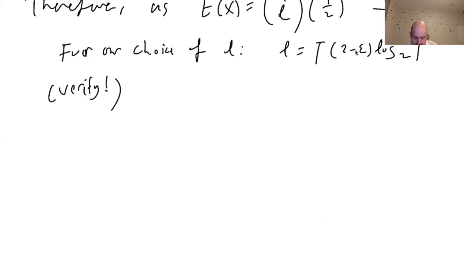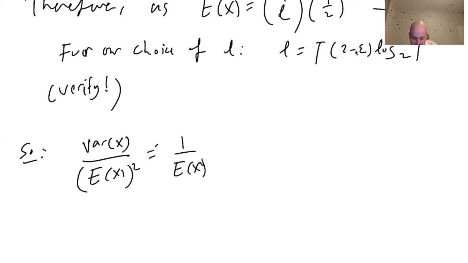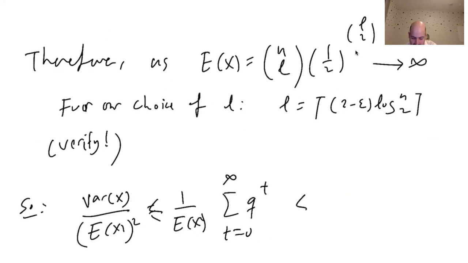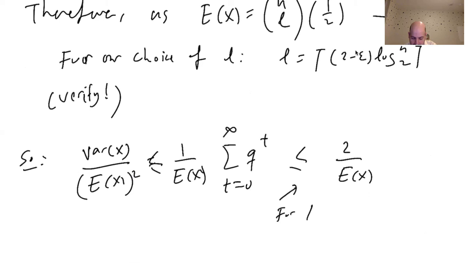Therefore, variance of X over E of X the whole squared, which is 1 over E of X times the sum of q to the power t, with the choice of q that we had here, t from 0 to infinity, is less than or equal to 2 over E of X for large enough n, because for large enough n this sum was less than 2, and this goes to 0 as n goes to infinity, because E of X goes to infinity as n goes to infinity.